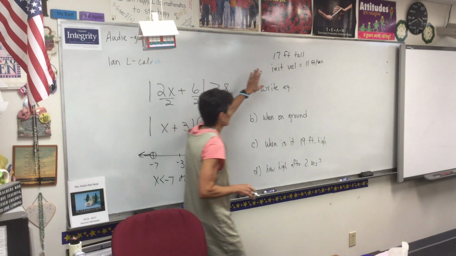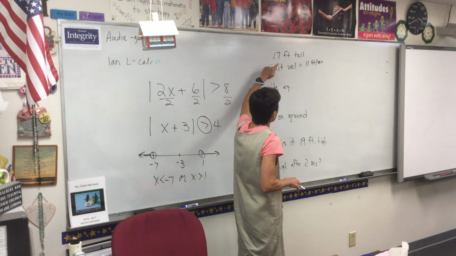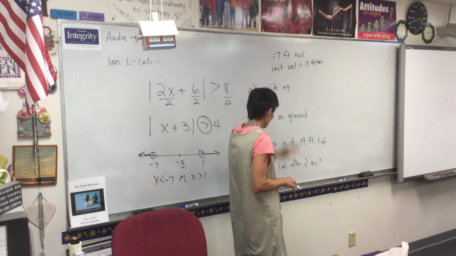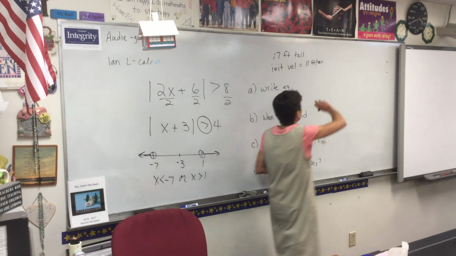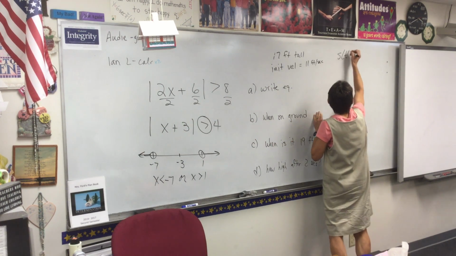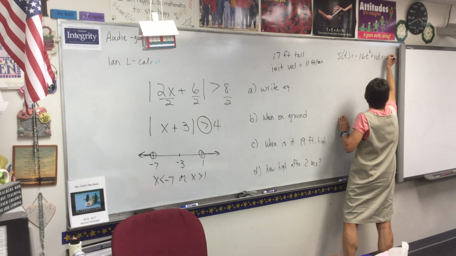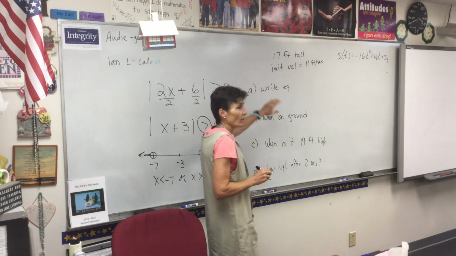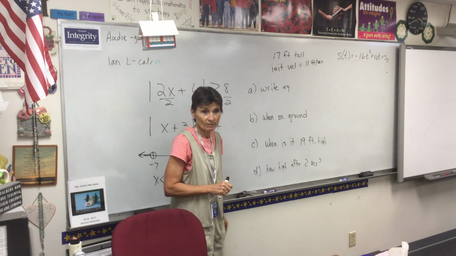Here's the given: we're throwing the ball off the top of a building 17 feet tall, and its initial velocity is 11 feet per second, and we want to know all these things. Okay, the general formula is given to you. So writing the equation should be a no-brainer. This should be the easiest point on the test.